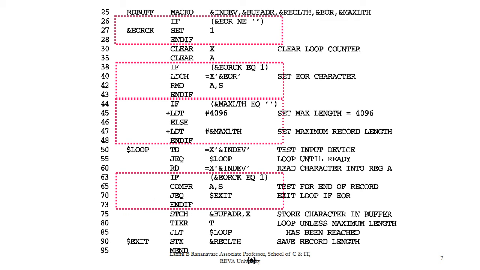Now X will be pointing past the last character read, so the X register will be having the length of the record, and that we are going to store: STX rec length means store the contents of the X register in rec length. So you are going to store the record length.